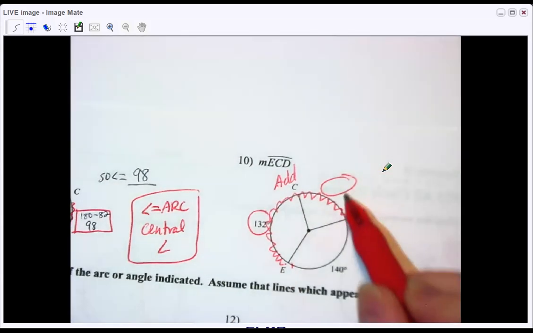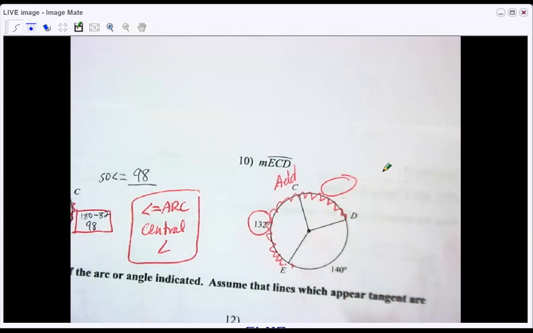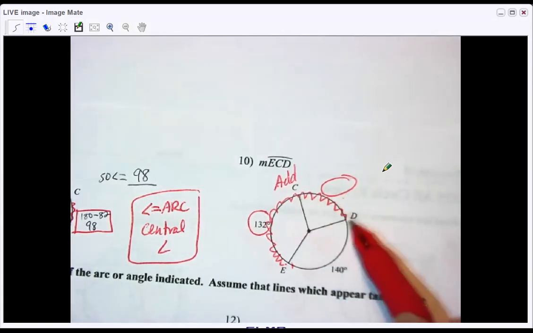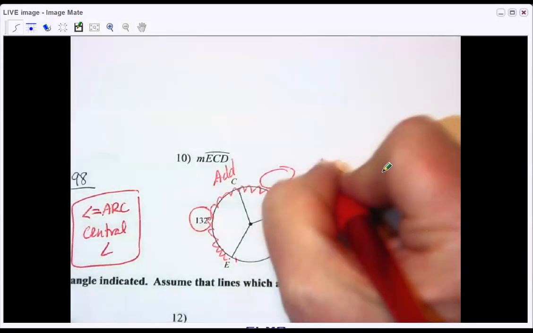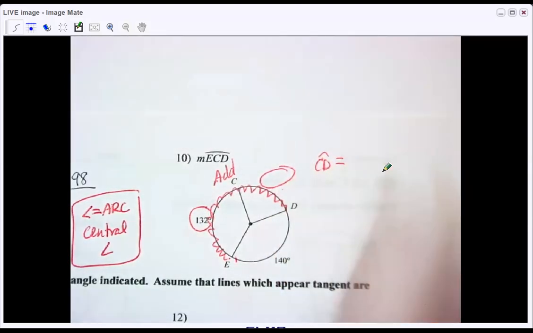But I don't have this one. So in the chat box, put what is the value of arc CD? CD is equal to what?